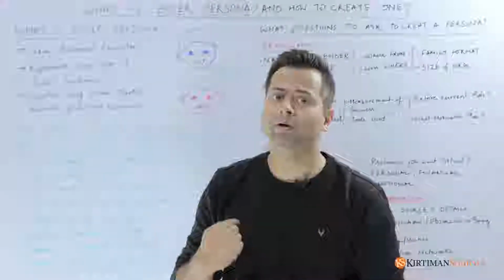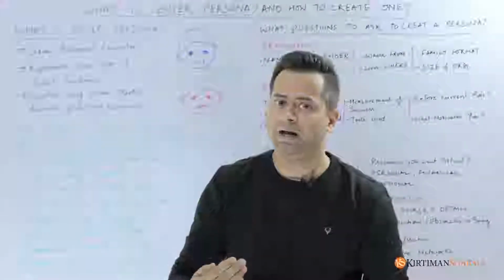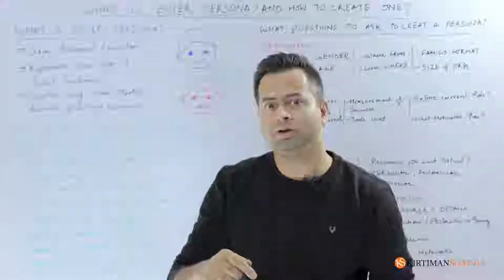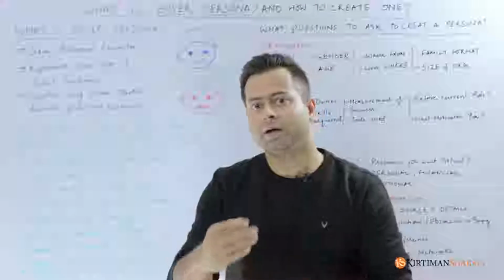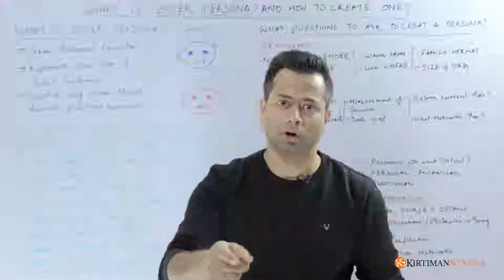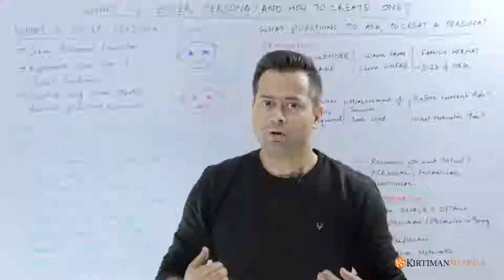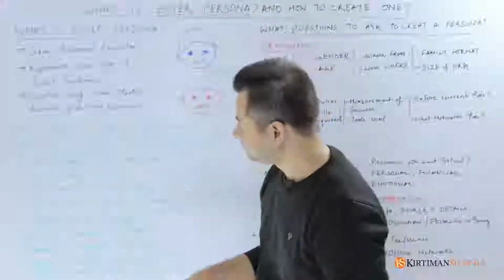I'll tell you how everything changed for me, and then in the end of this video, I'll tell you how everything is going to change for you, because we'll be able to create a persona for your business, for your idea, which you want to pursue in the future for your startup. So how everything changed for me is like this.